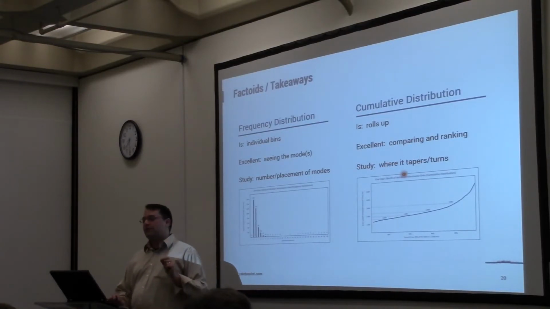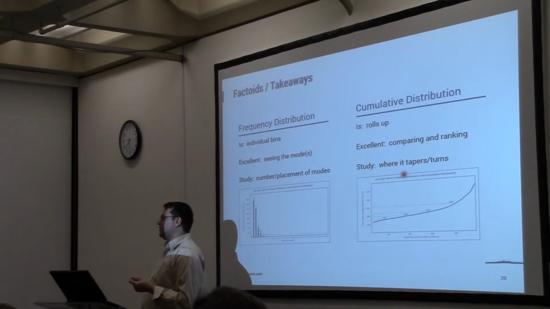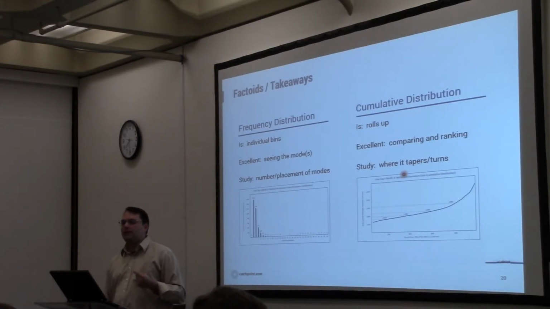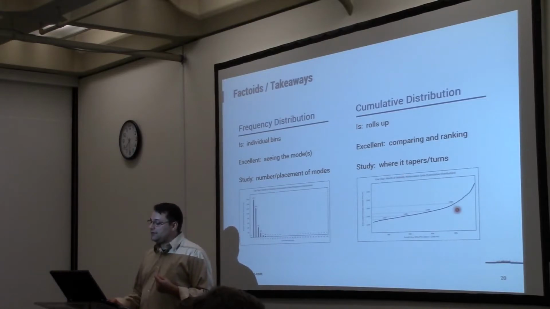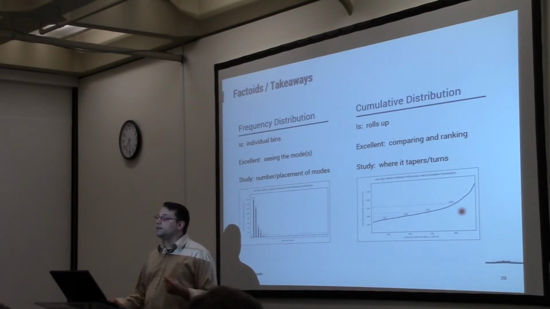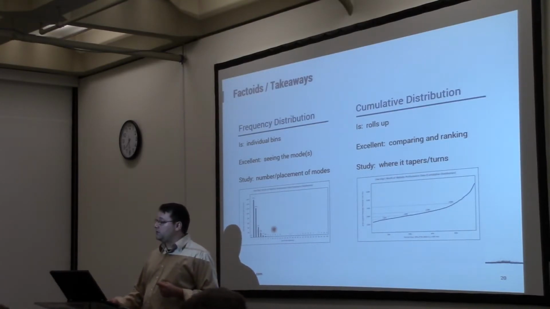This is a big thing for the rest of the presentation. Very important. There was a gentleman last month who asked the question, at what point do those spurious outliers become not so spurious? And this is the answer to that question. You want to study where it tapers and turns. Any set of performance data in a frequency distribution generally will have this right skew, and over here it's going to look like this general shape.